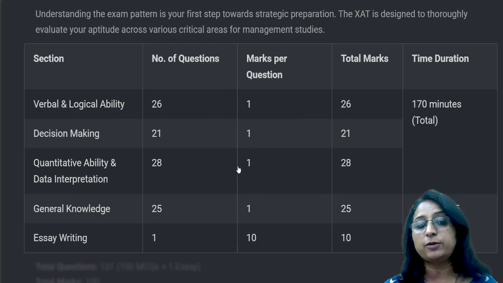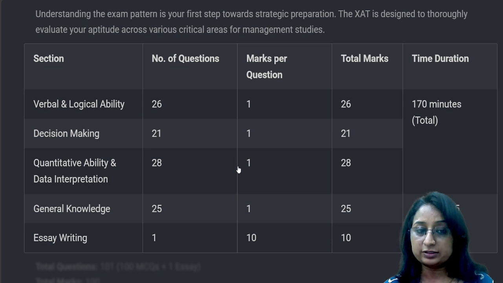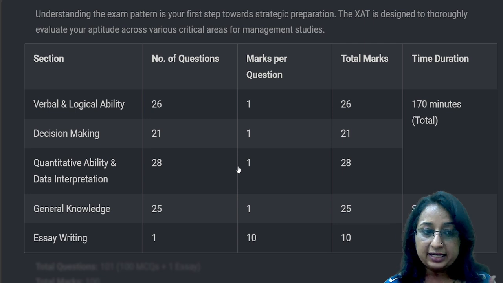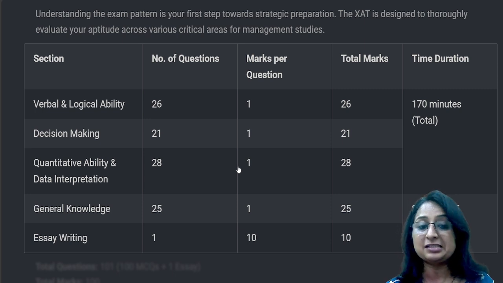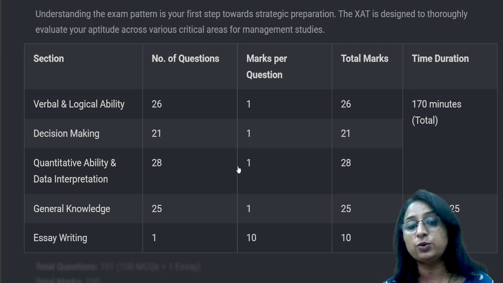If we talk about the sections, number one is verbal and logical ability. For this section, you have to prepare for 26 questions. Every question has 1 mark and the total is 26 marks. Each section has different types and different numbers of questions. For example, decision making has 21 questions and 21 total marks.